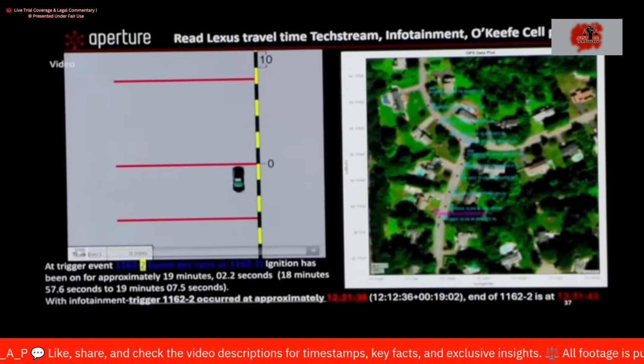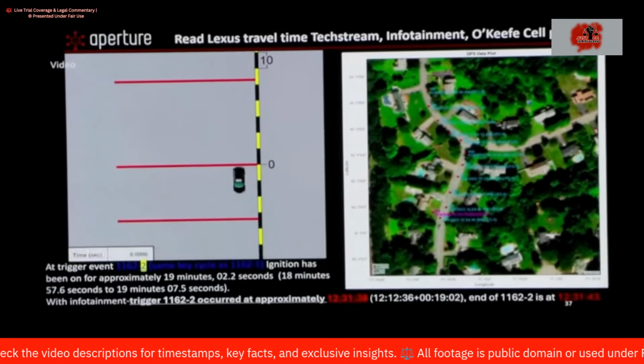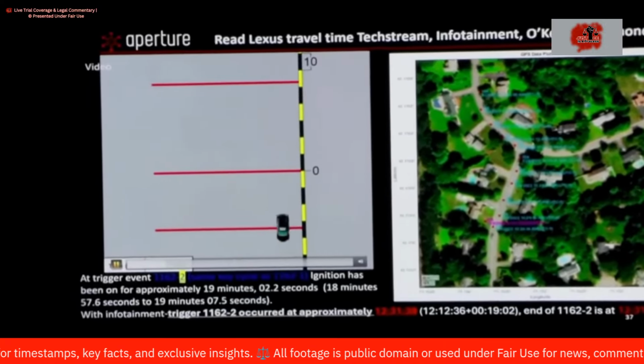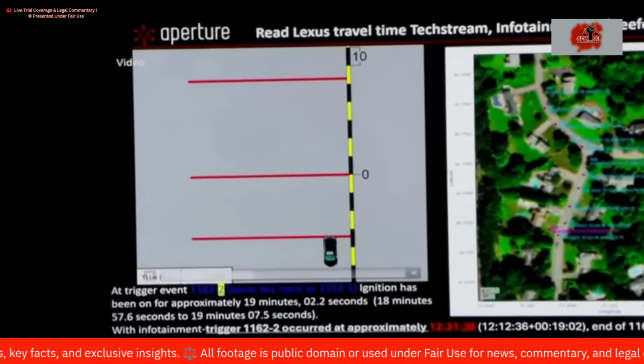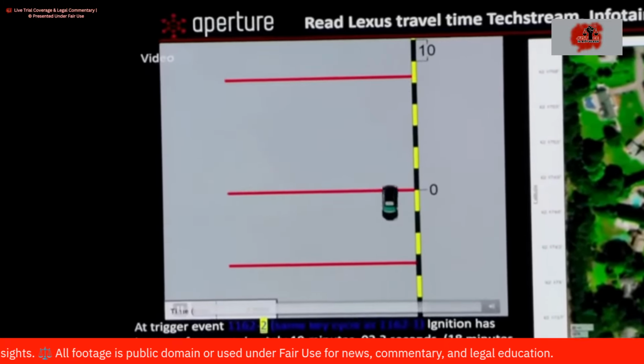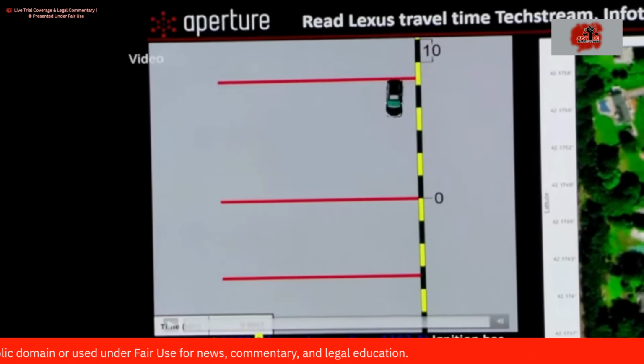So this is 10, 20, 35, forward. And then it'll go 10, 20, 30, 40, 53 back for a total of 87 feet.